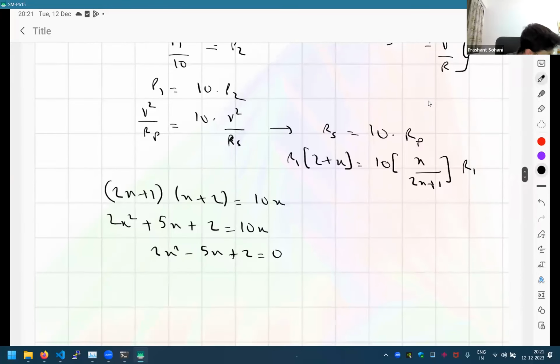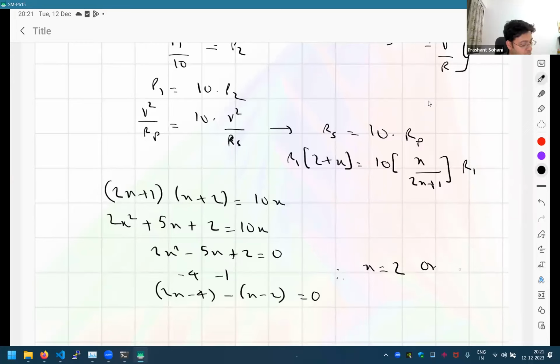And I think the roots of this are -4 and -1. So 2x minus 4 and minus of x minus 2. So therefore, when I simplify, I'll get x is equal to 2 or x is equal to half.